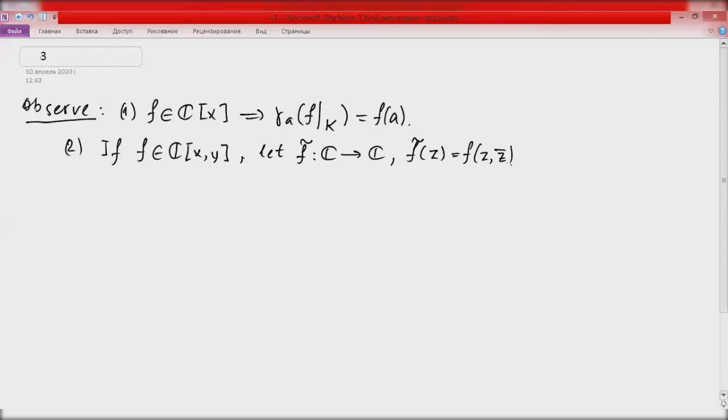Then it readily follows from the definition of the functional calculus that if we apply gamma A to the restriction of f tilde to K, then what we get is f evaluated at a and a star. Again, this follows from the algebraic properties of gamma. It is a star homomorphism, so it takes t to a and t bar to a star.